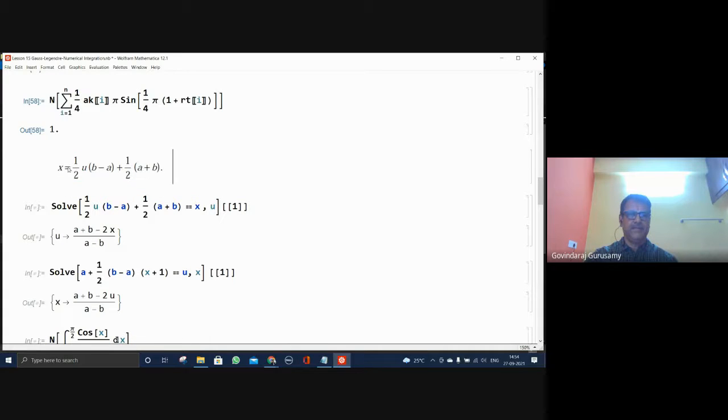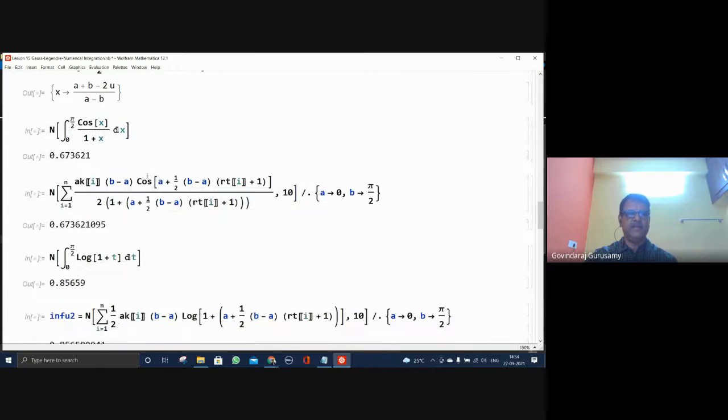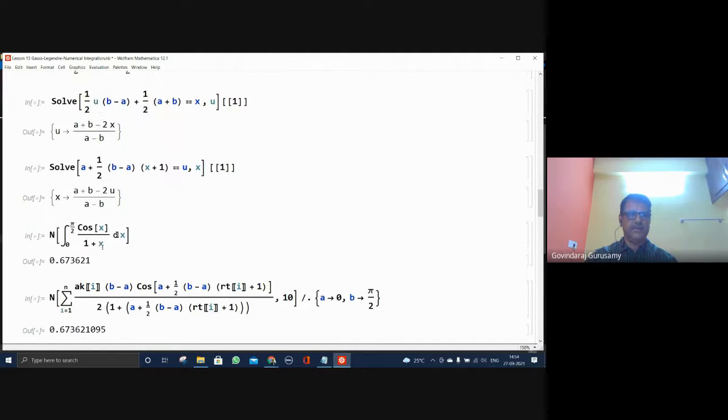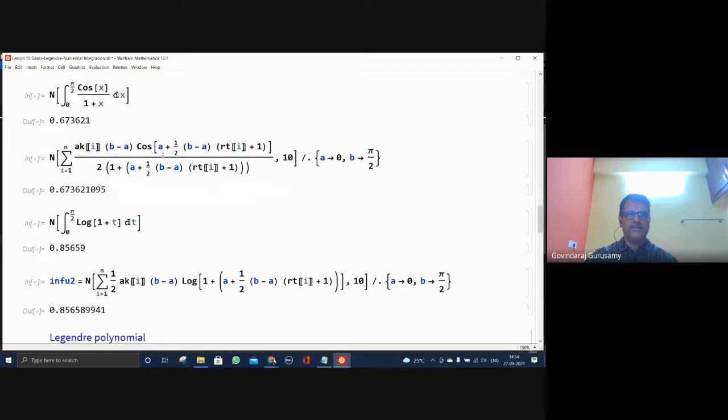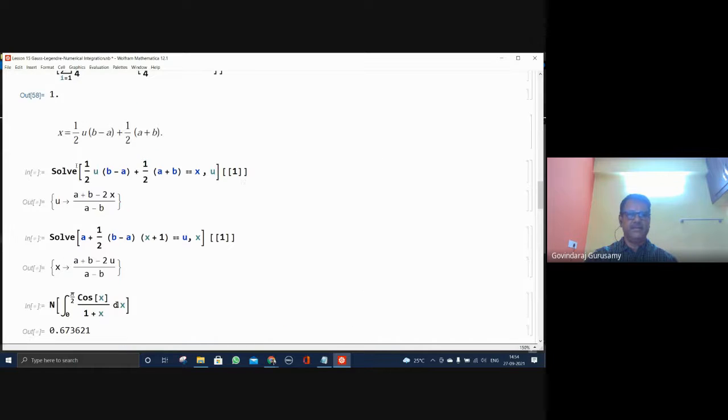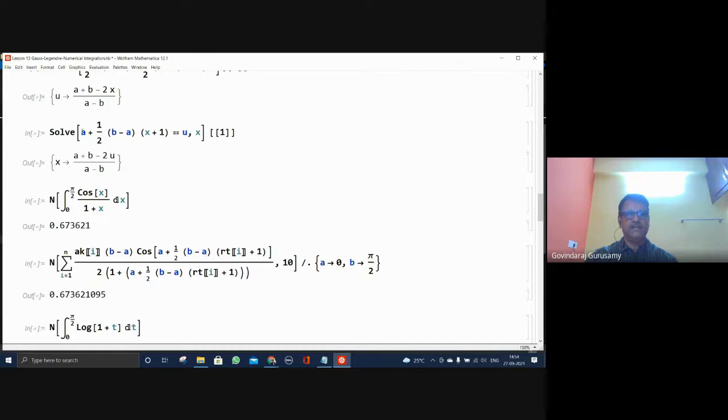You make this transformation, which automatically converts the lower and upper limits to -1 to +1. Then make a substitution, and you will get the result. So my x is converted in this form with this transformation, which can be seen here. That's what is being replaced. X is replaced by x of rt, and that's substituted here.